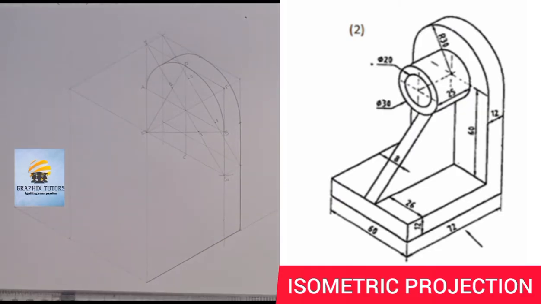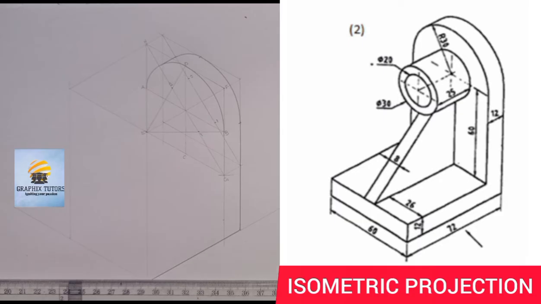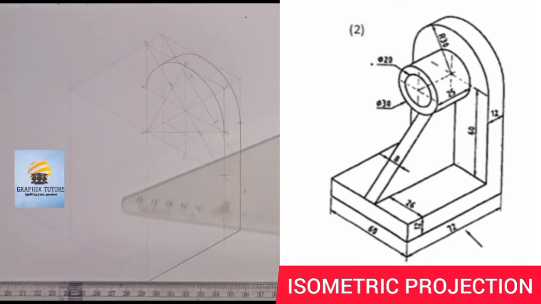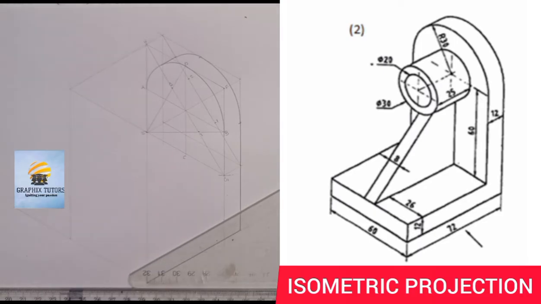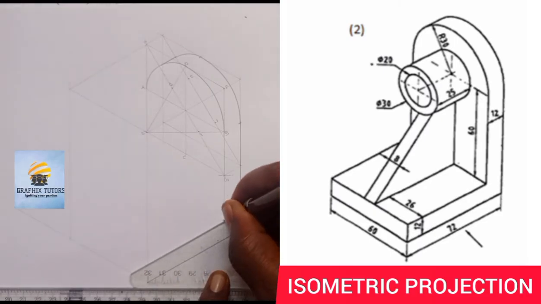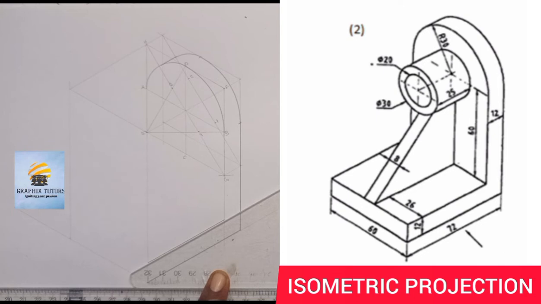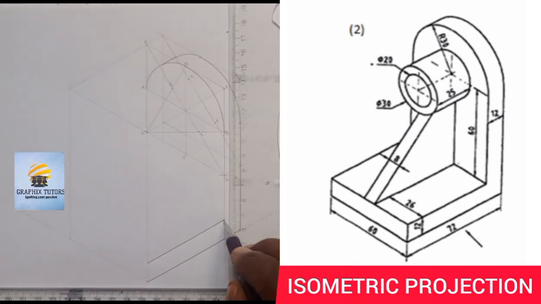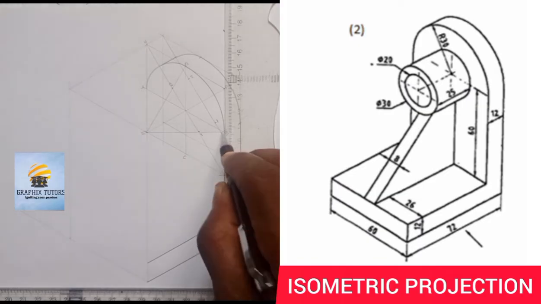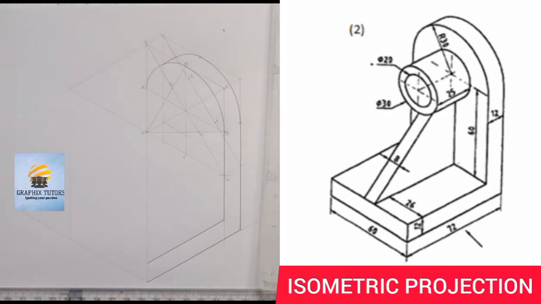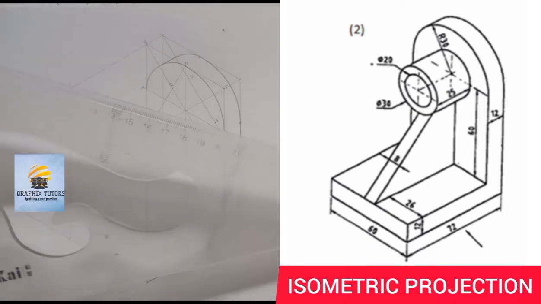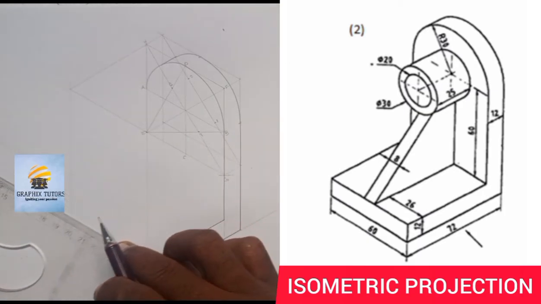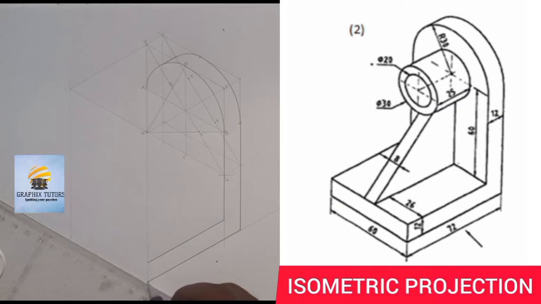Then I can use my instrument, place it here. Then I'll join from here straight down to here, which I can now use from here to go up. Can you see that? And I can also take in from here to come to this point.